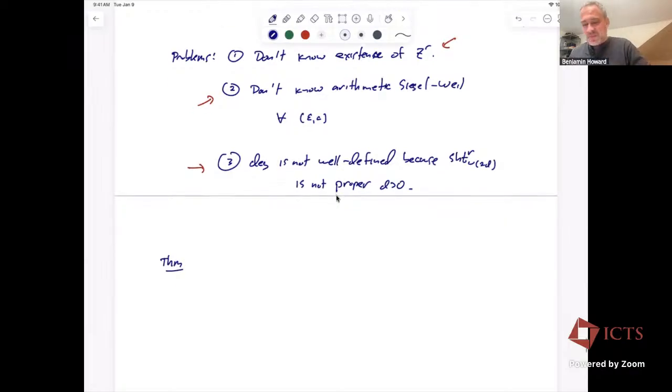So, okay, here's the theorem. We can only get a theorem in the case where D equals 1. So our H is the group U11. And we still have to assume the modularity conjecture.